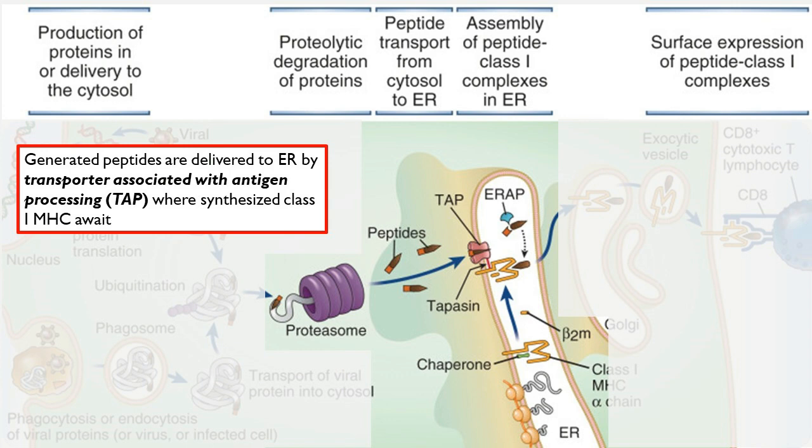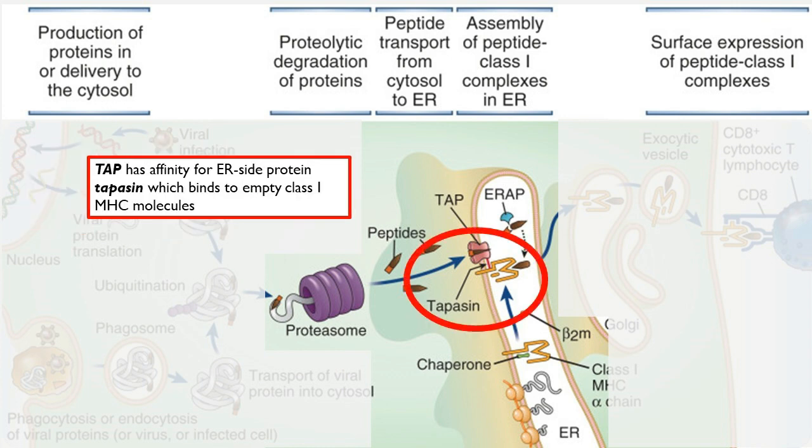So at this point, TAP brings in the newly formed peptide antigens into the endoplasmic reticulum, or ER, where an empty and unstable class 1 MHC is conveniently waiting nearby due to a molecule called tapasin. So this binds and links the TAP transporter with an empty MHC molecule.